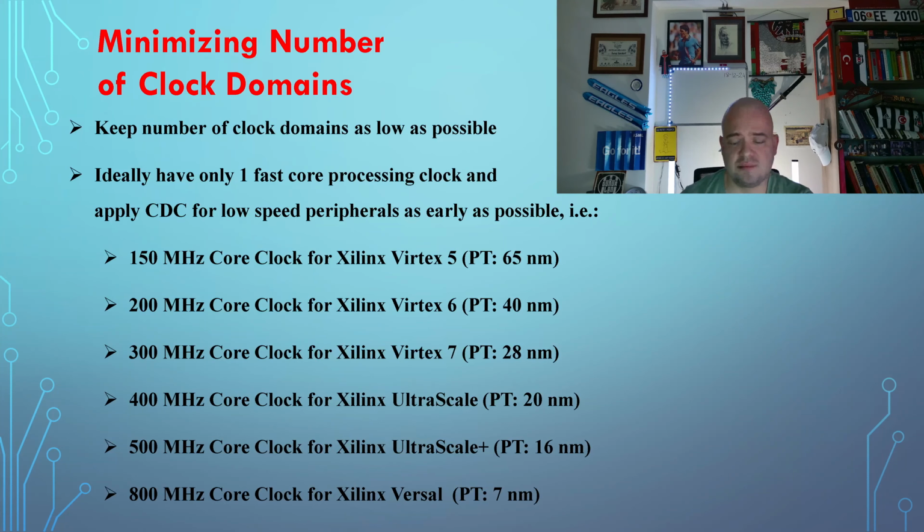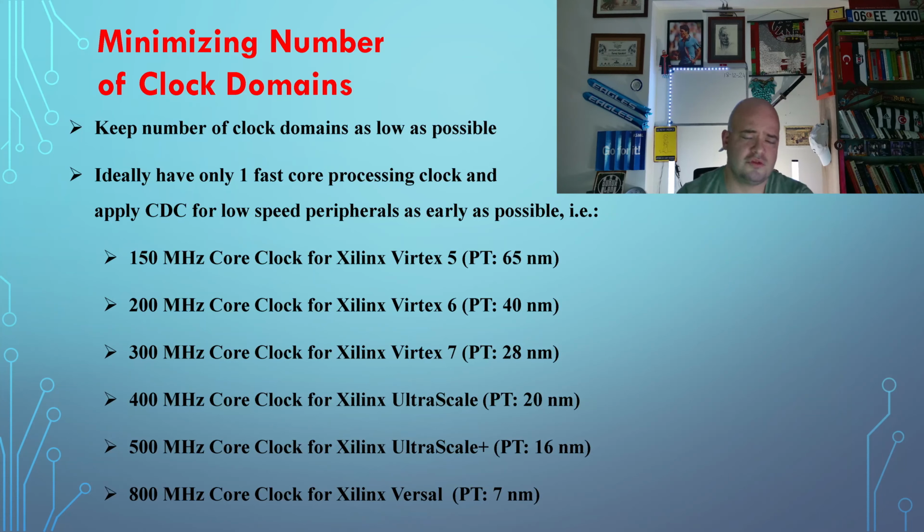So let me say 150 megahertz is a good target. Of course, it is a kind of generalization. All generalizations are to some extent wrong, but this is reachable, doable for a medium level complexity FPGA implementation.